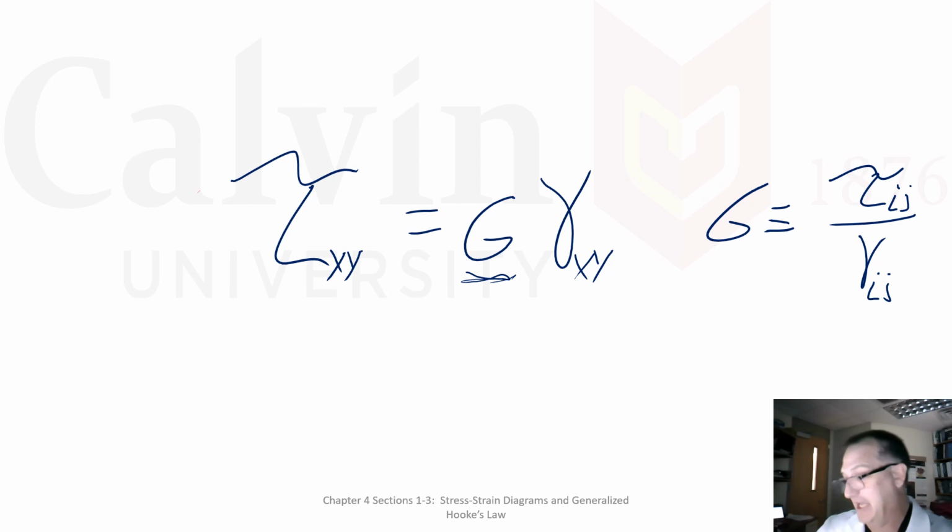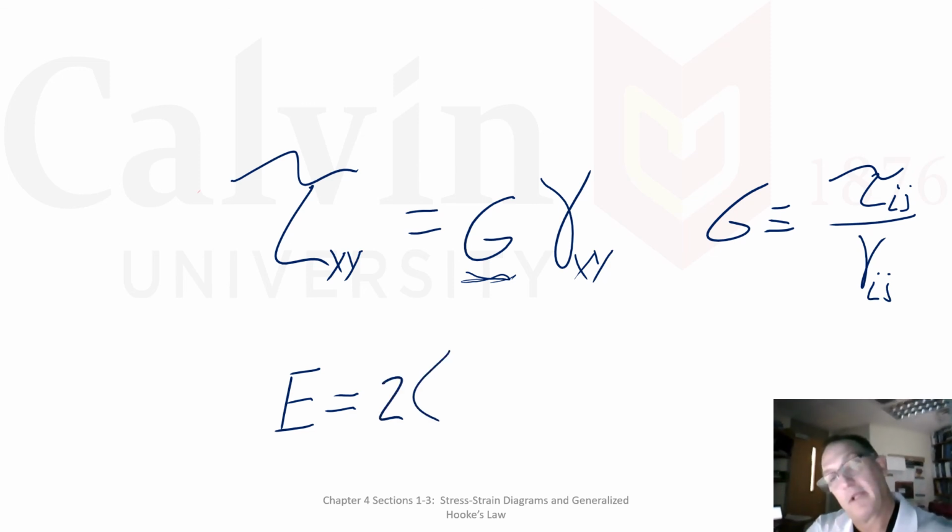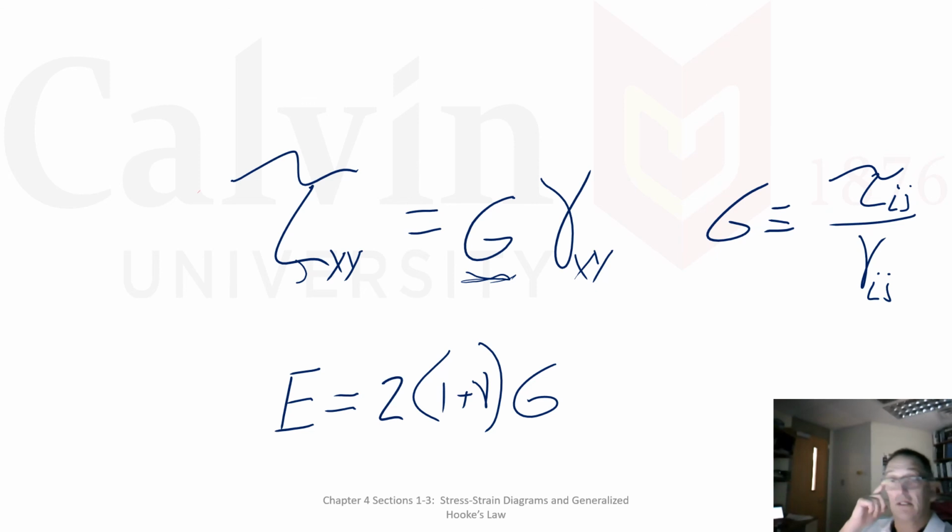The next thing is I want to give you a definition, because these material properties are not independent of each other. The Young's modulus is equal to 2 times 1 plus Poisson's ratio times the shear modulus. That's how we get one or the other.